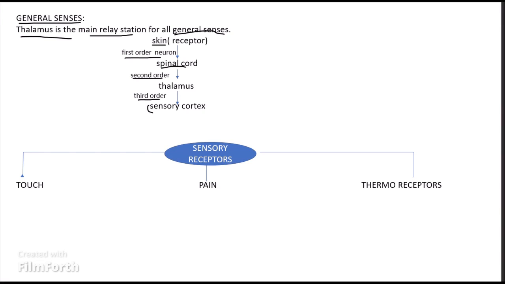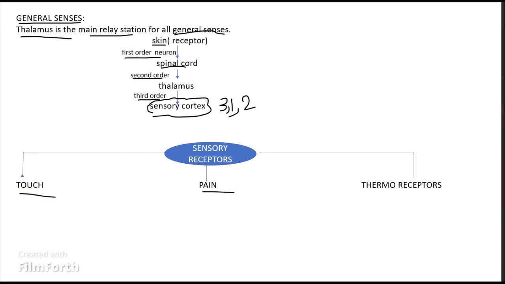From the thalamus, the third order neuron arises, which finally reaches the sensory cortex, which is our area 3, 1, 2 present in the brain. Sorry, that's not 312. Yes, it is 312 only.